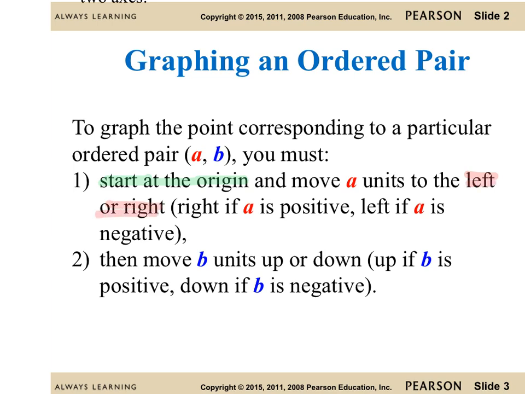It's going to be right if a is positive and left if a is negative. We're moving right or left of the origin as step 1. Then for our second step, we're going to move b units either up or down. We're going to go up if b is positive and down if b is negative. And it's very important that you remember you're always going to go right or left first, then up or down when you're plotting your points, and you'll always start at the origin.